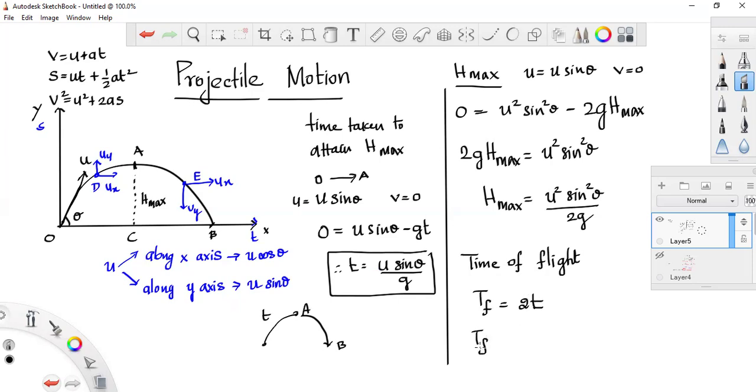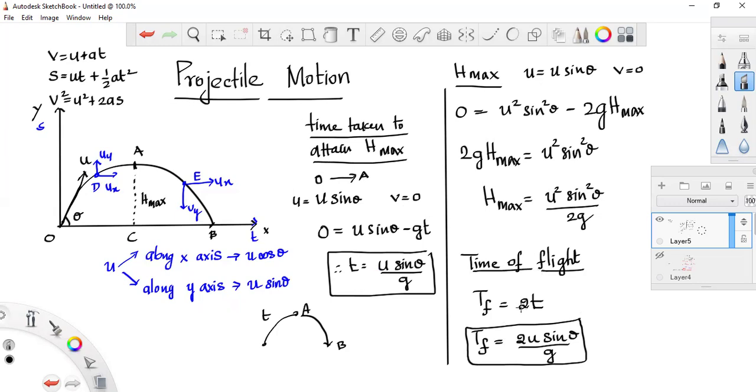So time of flight is equal to 2u sin theta by g. So three important formulas regarding projectile motion: time taken to attain maximum height, the maximum height attained, then time of flight of the projectile.